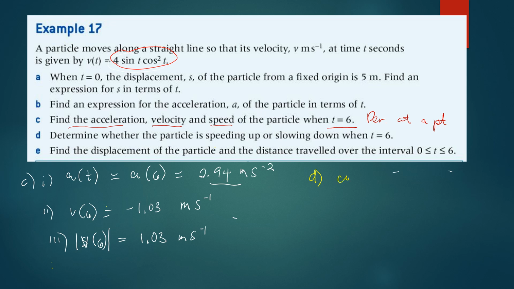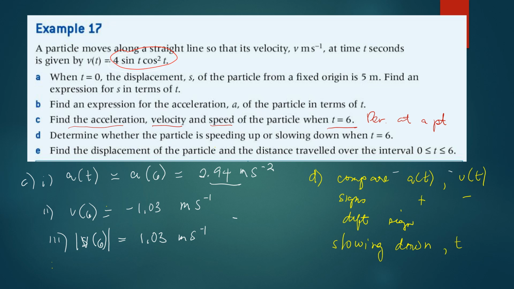We just need to compare the acceleration at that point with the velocity at that point, and you look at their signs. Acceleration is positive, velocity is negative, so they are of different sign. And if different sign, you can say that the particle is slowing down at time t equals 6.